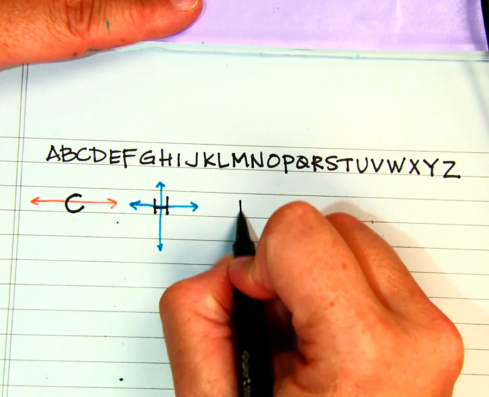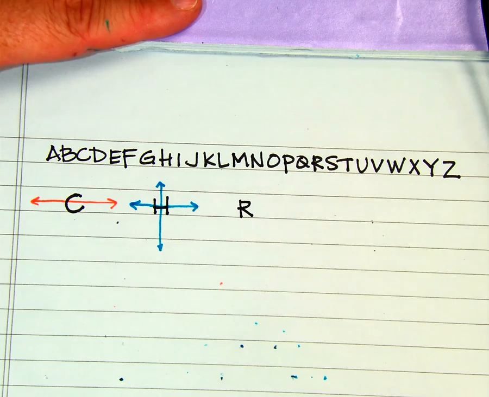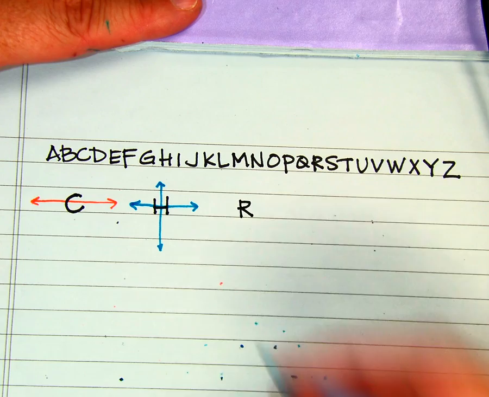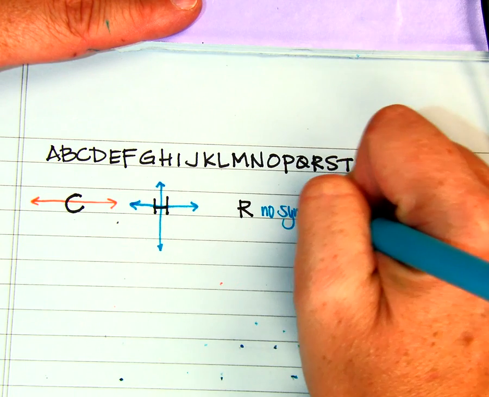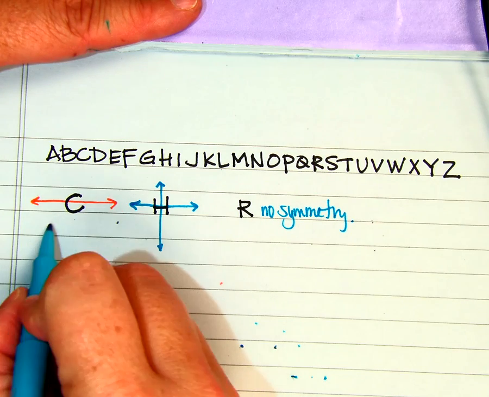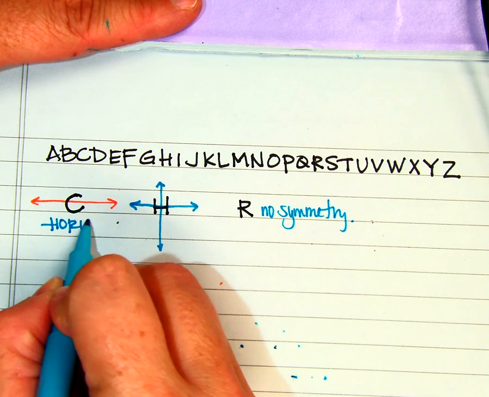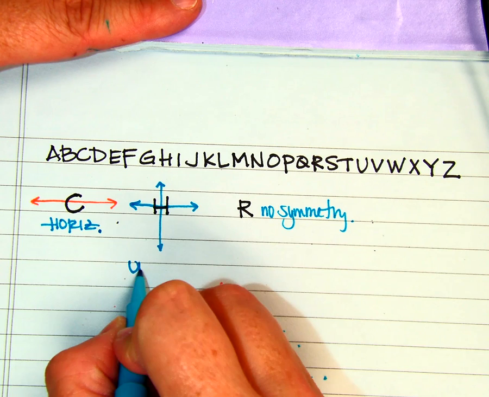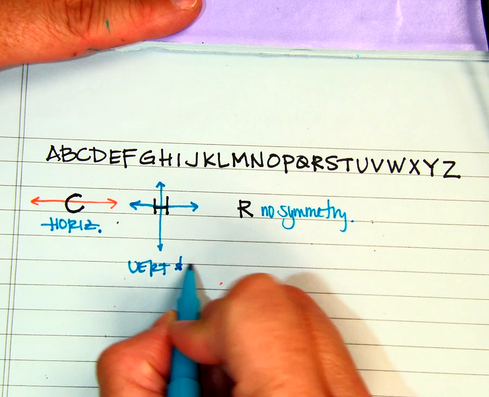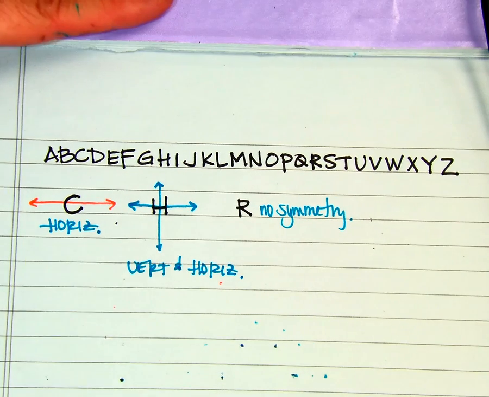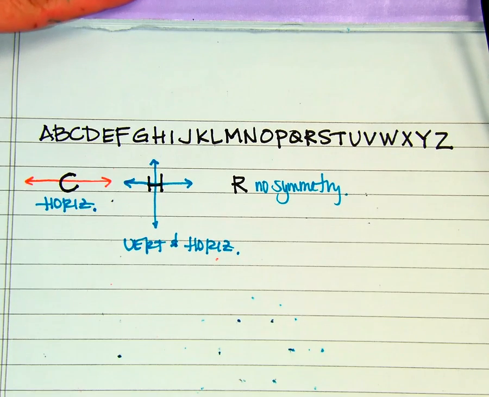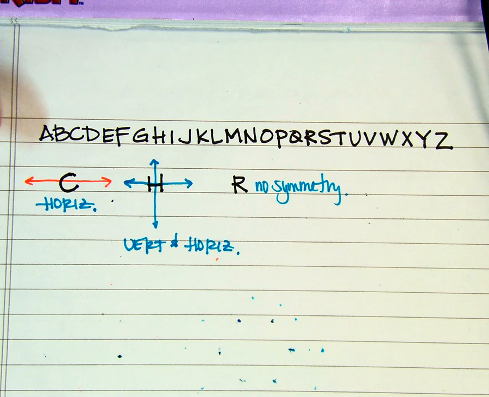Then we have letters like R that have no symmetry. So we have horizontal symmetry, vertical and horizontal, and then none.